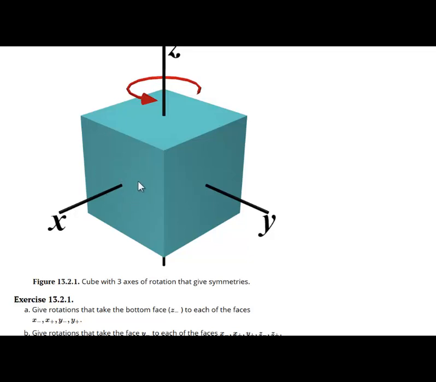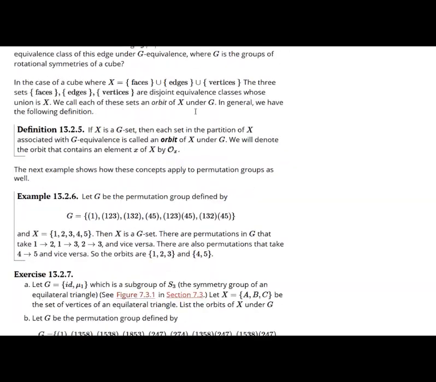It's a subgroup with four elements: the identity, 90, 180, and 270 degree rotations about the x-axis. And notice that the same thing it does to the front face, it also does to the back face. So in fact, that group stabilizes both the front face and the back face. Now you could say similar things about the rotations about y and the rotations about z. So that's what that paragraph is saying.